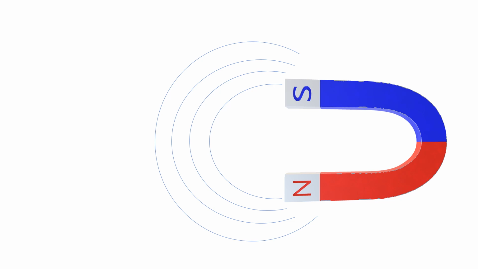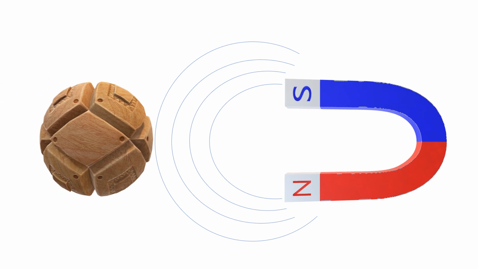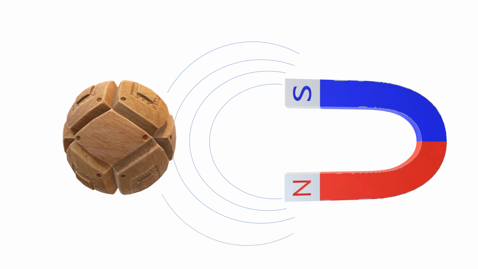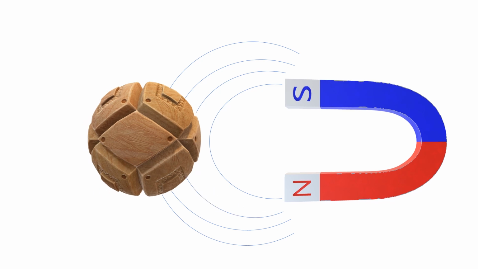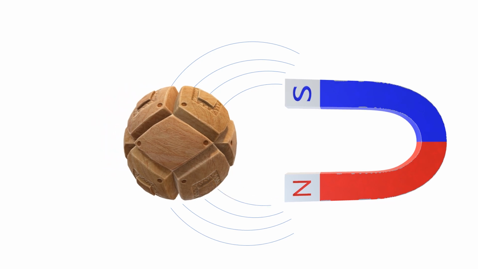Now, to understand the resistance, I'll be placing a wooden ball in the electric field. So, let's put it and then see what's the result. Now, you all can see that the wooden ball is resisting the electric field.